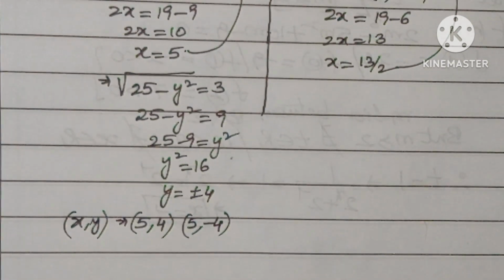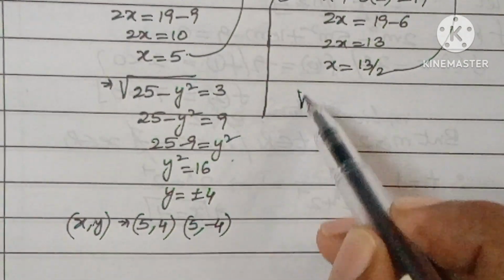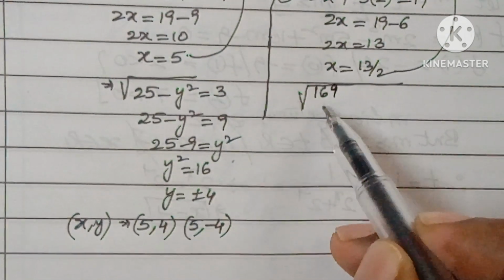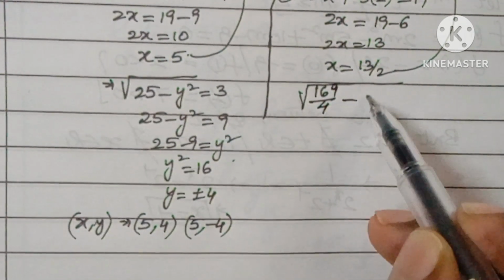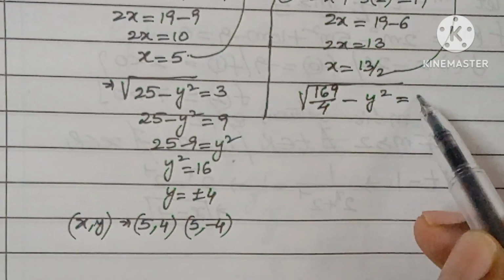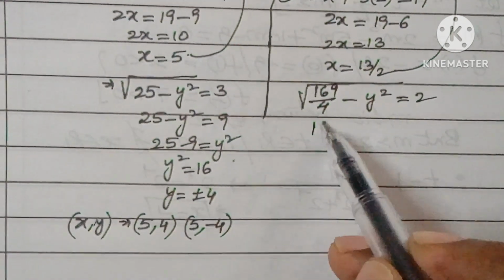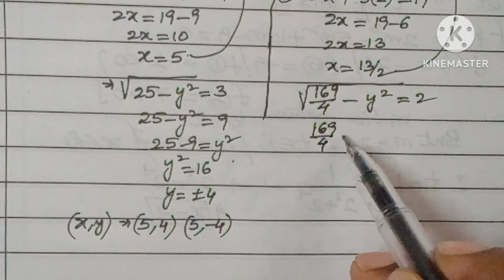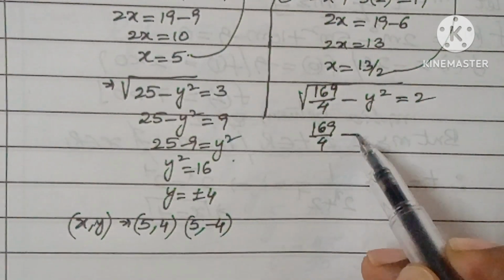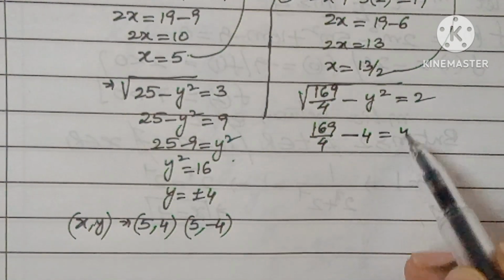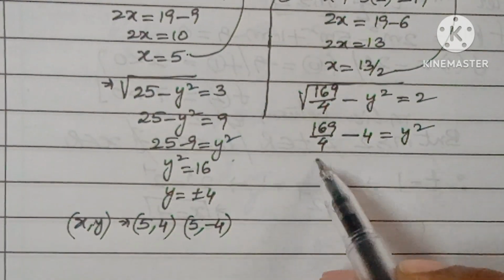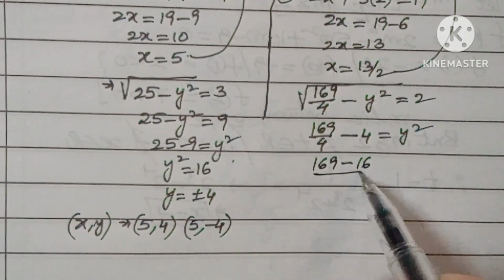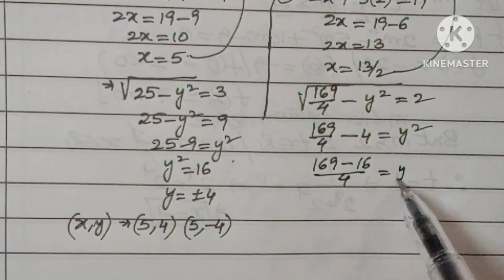Now if you take the second one, square root of 169 by 4 minus y square is equal to 2. Squaring on both sides, 169 by 4 minus 4 equal to y square. 169 minus 16 by 4 equal to y square.